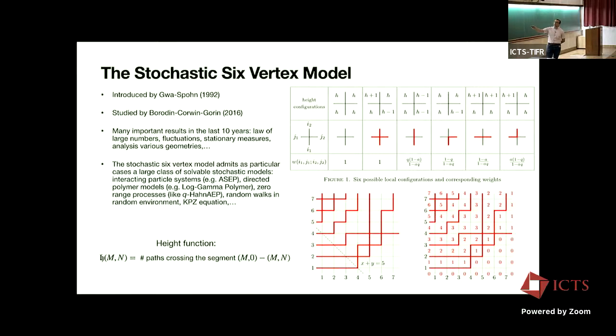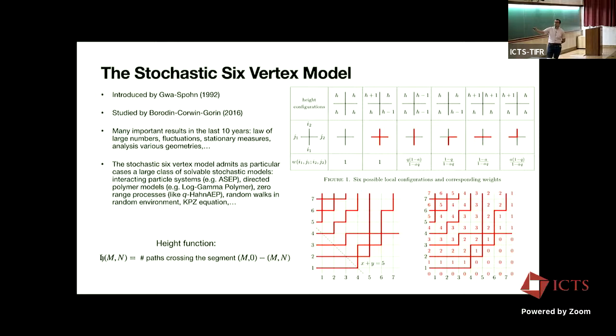For example, the asymmetric simple exclusion process, and certain models of directed polymers, although it's not obvious to see this from this definition, like log-gamma polymers. These are popular directed polymer models in one dimension. They are a particular case of this model here.